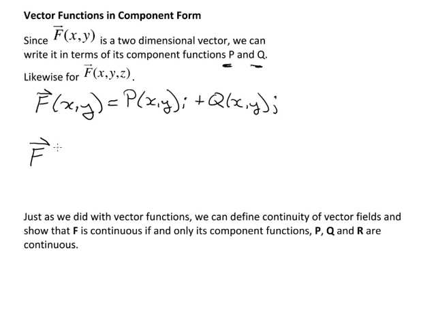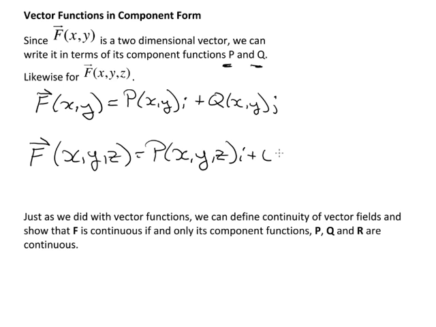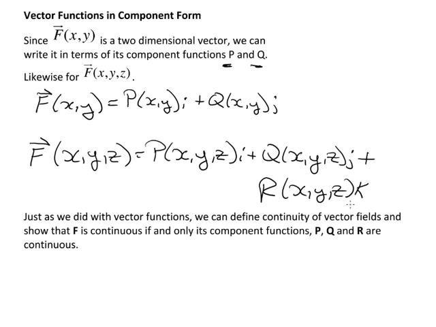And likewise, if I'm in 3-space, a function of x, y, and z, I'm going to think of this as P of x, y, z i plus Q of x, y, z j plus R of x, y, z k. Now this is a very convenient form to write this in terms of trying to visualize and figure out exactly what's happening to this vector function or what the vector field is going to actually look like.